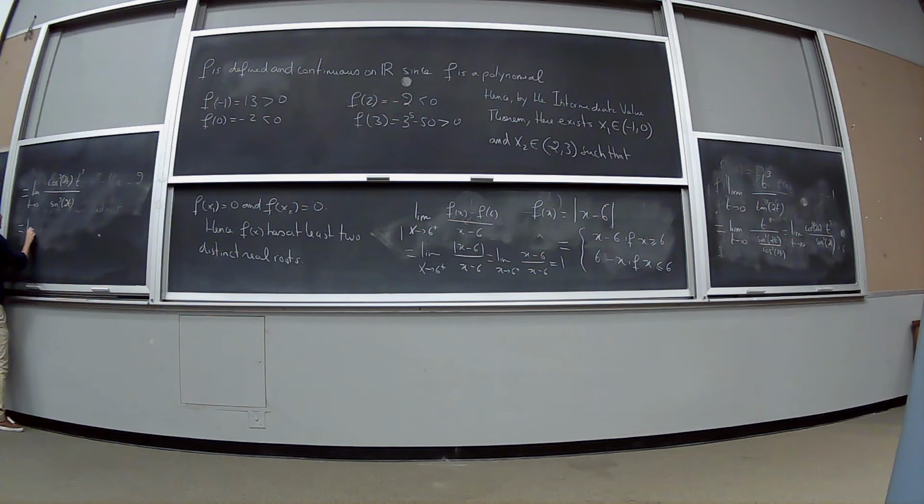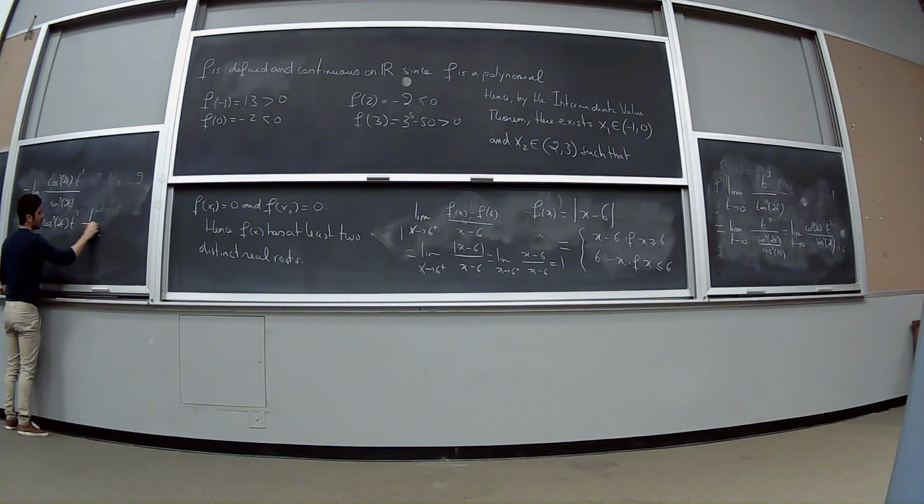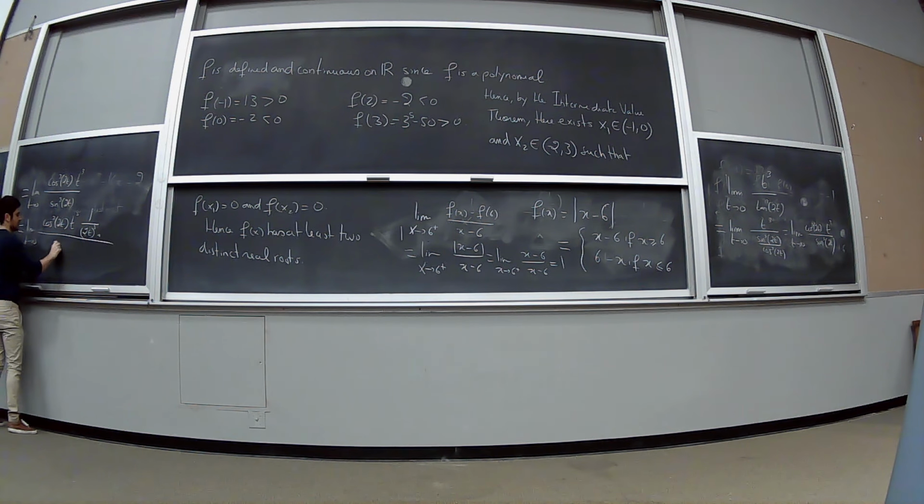So let's do this: cos cubed of 2t times t cubed, and let's multiply by 1 over 2t cubed, divided by sine cubed 2t over 2t cubed.